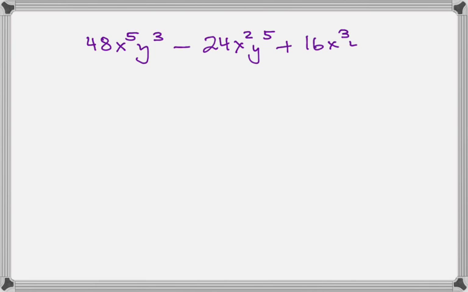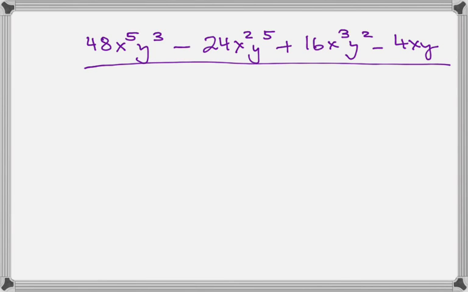Oh, yeah, okay. 48x^5y^3 minus 24x^2y^5, why not, plus 16x^3y^2, and hold on, minus 4xy. There you go. And what are we dividing by? That's a good question. We're dividing by 4xy. Go ahead and do it.